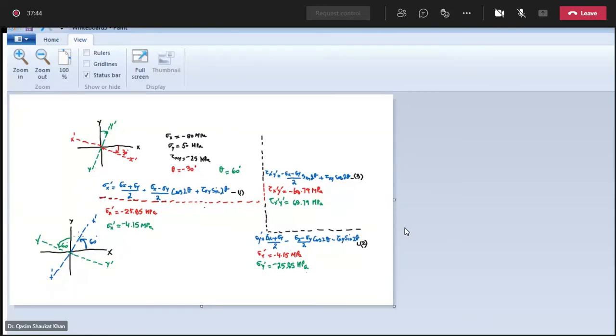Initially, you got the transformed shear stress as minus 68.79 megapascals, and now you got tau x dash y dash as 68.79 megapascals. So only the sign has changed, the magnitude remains the same. Is this clear? Yes, sir.